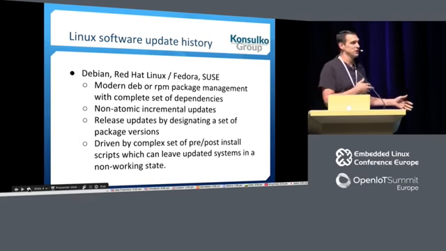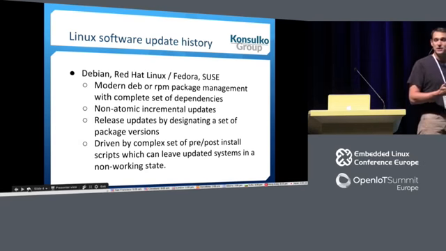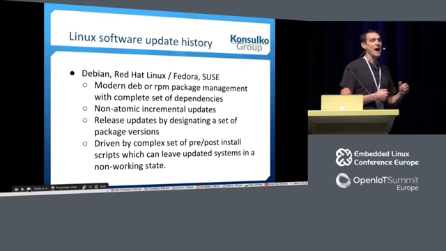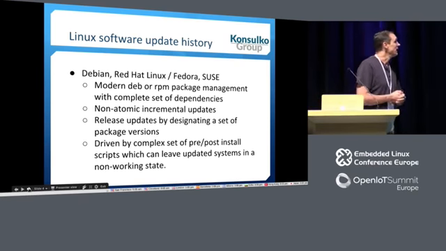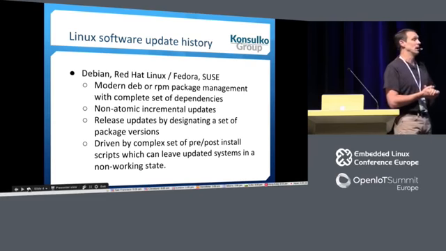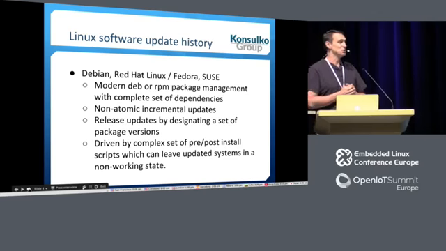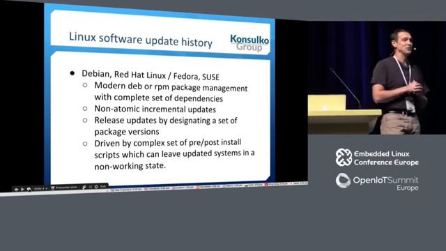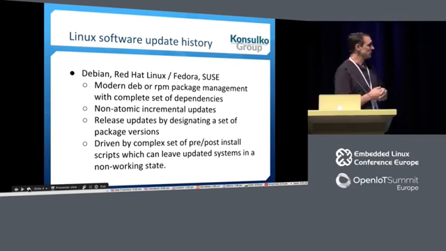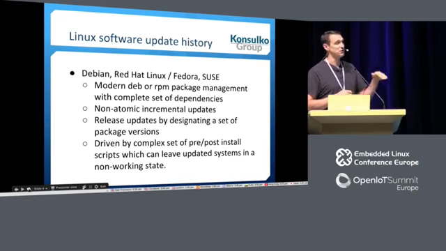What was key with those, though, is that when we do update those, the updates aren't atomic, right? So you're updating one package at a time on the system. Ordering can matter, right? And when you do a update to a whole new release, so if I've got distribution foo, and it has a set of package versions, right? You could do a release update by designating a set of those packages at some version, and just go through non-atomically and update them all.